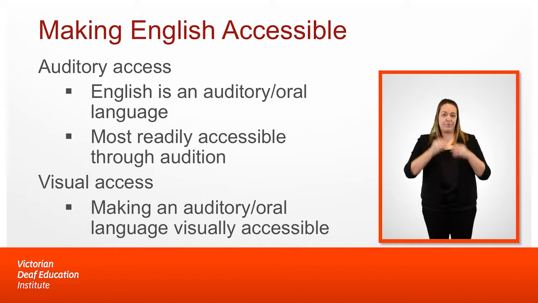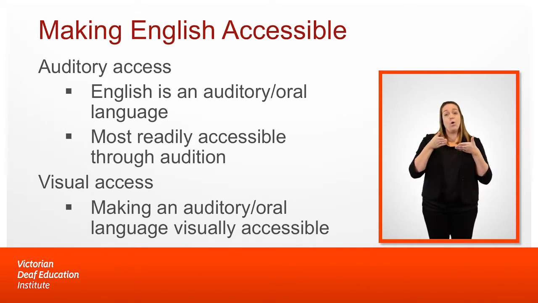One way to think about this, if anyone questions, well, you're making a lot of noise about audition: if one were to think about acquiring a natural sign language, if one had a vision loss, you can still learn to sign if you can't see. It's possible, but it's ever so much more difficult because sign languages are visual gestural and are acquired most readily through vision. Auditory oral languages like English are acquired more readily through the ears.